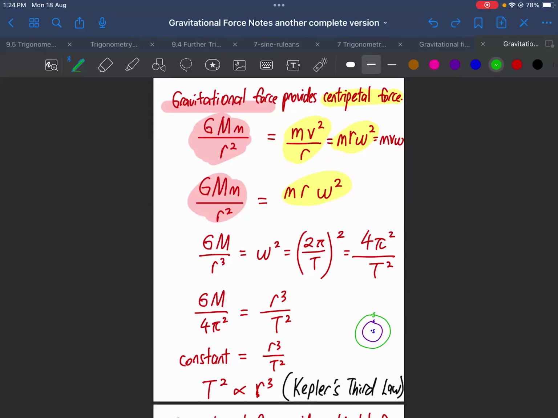So I give you some time to have a look at the derivation. Your period squared is directly proportional to radius cubed. So indeed, the larger the radius, the longer the period. Have a look.